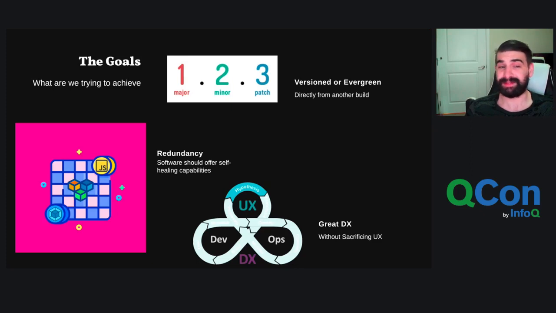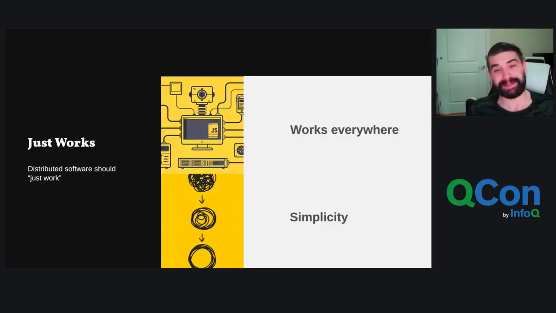Lastly, I'm really looking for a good developer experience. I want it to be easy to share code and work in isolation without impacting performance, page reloads, or degrading the user's experience. In summary, what I'm really trying to build here is something that just works.